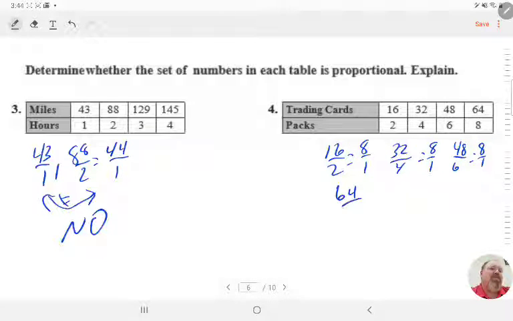And 64 over 8 is going to give me 8 over 1. So yes, it is proportional. Okay? So all we're doing is simplifying the fractions. If they're all the same when they're simplified, it's proportional. If there's one of them, just one of them that is different, then it's not proportional.